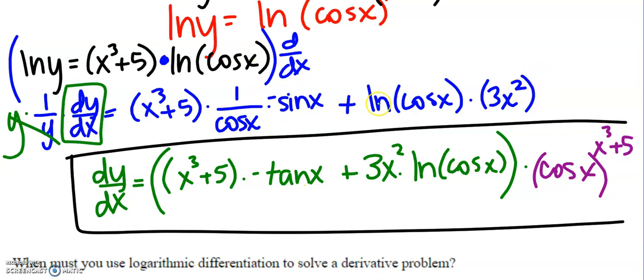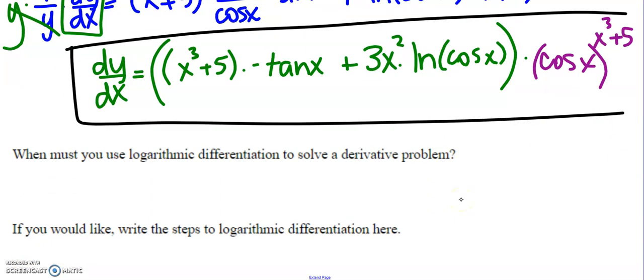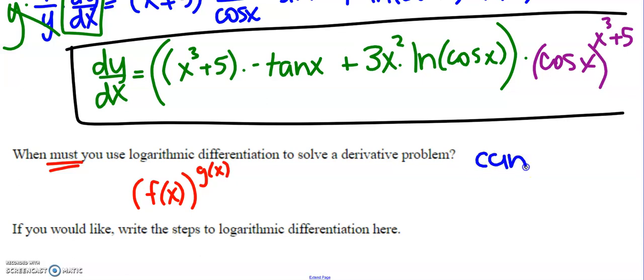When must you use logarithmic differentiation? Must use. When you have a function raised to another function. Okay? When can you use logarithmic differentiation? You can use it to, I'm going to say, avoid a mess. Right?